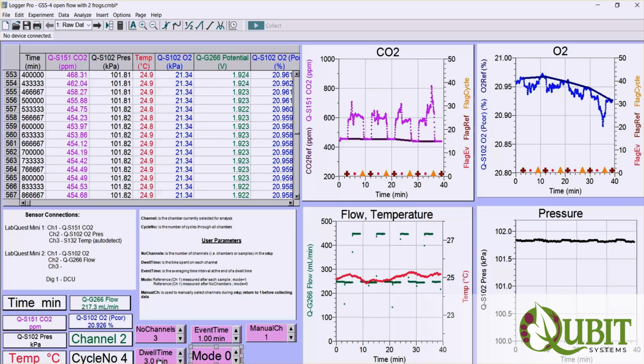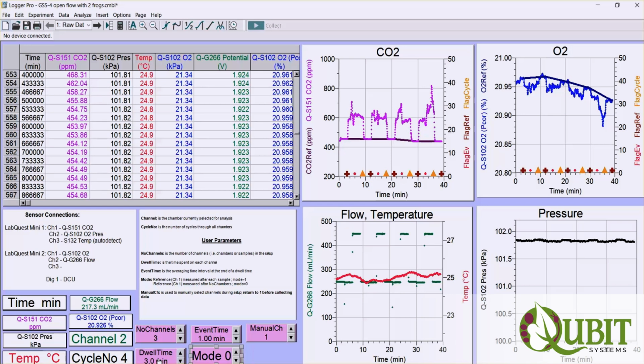So you have to look at the volume of the chamber, the flow rate that you're hoping to use, and then dwell time, and adjust accordingly. So you're flushing your chamber in a timely manner, and you're flushing it multiple times to get steady state levels of CO2 production and oxygen consumption.